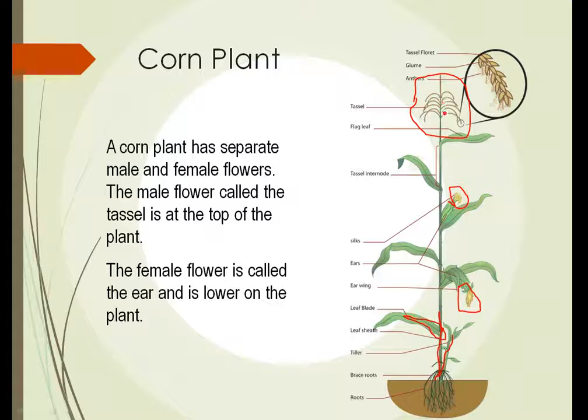And the corn plant is pollinated by wind. So when the pollen is released, it begins drifting away from the corn plant and at the same time typically falling, so that it will eventually land on the female flower of a neighboring plant. Once fertilization takes place, then the ear develops and develops the seeds.